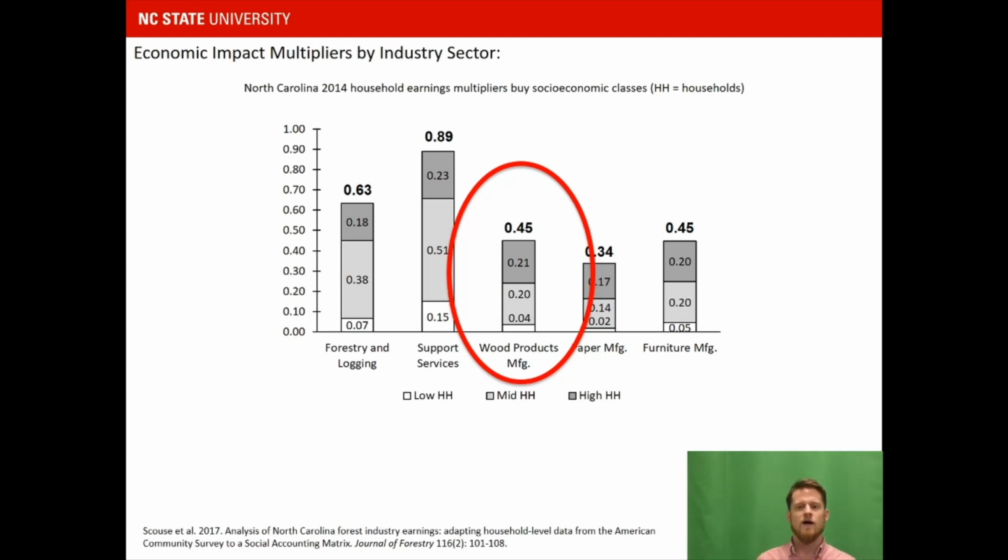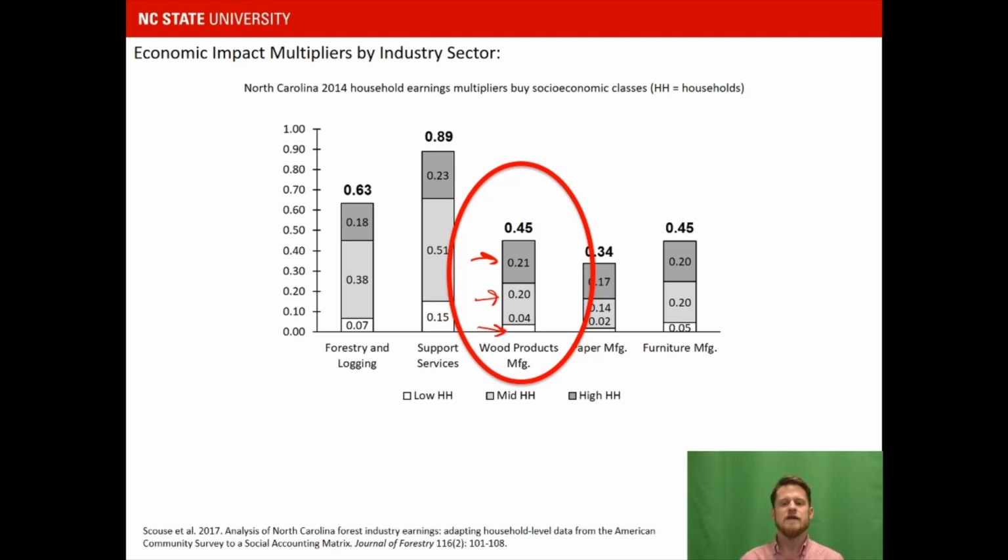So for every dollar that's spent in wood products, it creates 45 cents of earnings to households. And the earnings mostly end up here in high-income households. Another large portion ends up in mid-income households, and then a very small portion down here in low-income households.